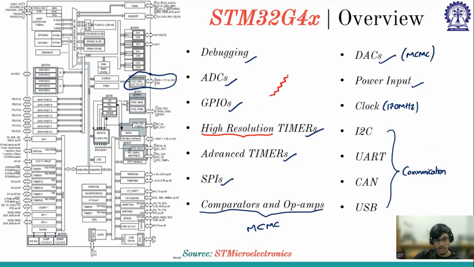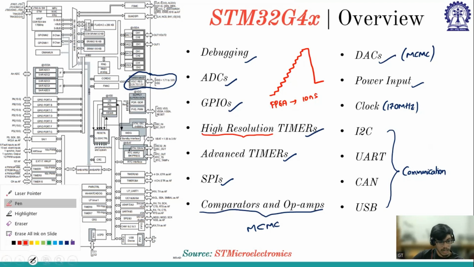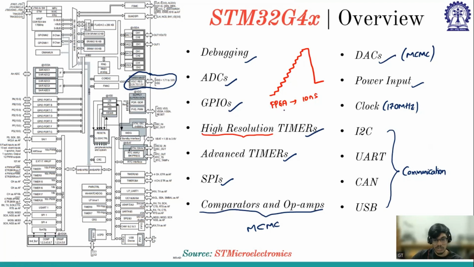When we say counter in an FPGA, say we are using 100 megahertz, it has 10 nanosecond resolution, right? But in the FPGA, they are using a specific high resolution timer, not all timers, only some timers.